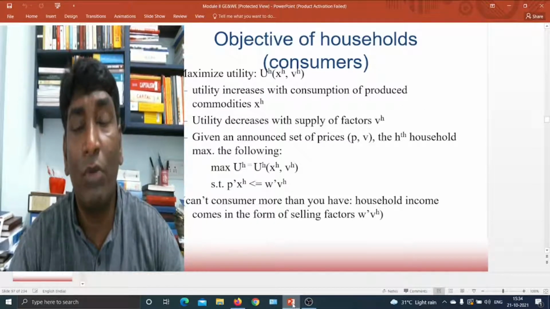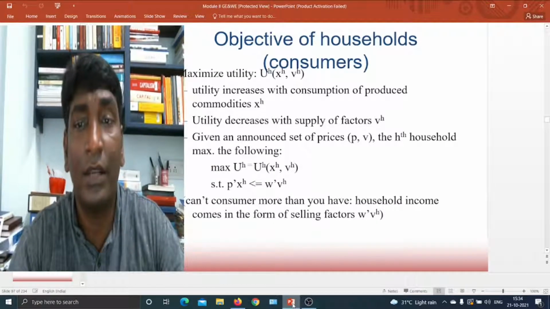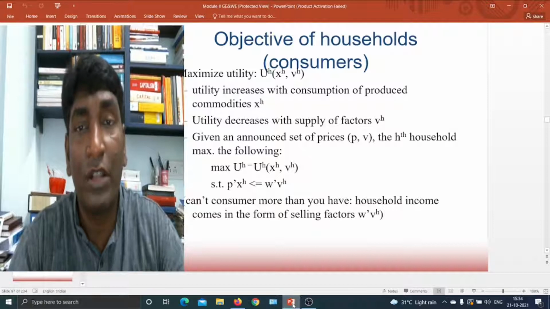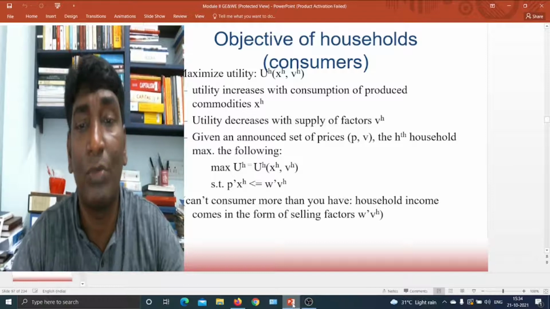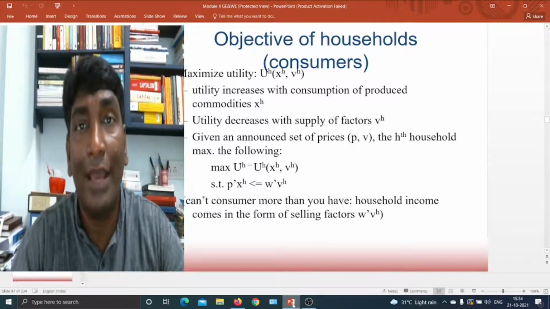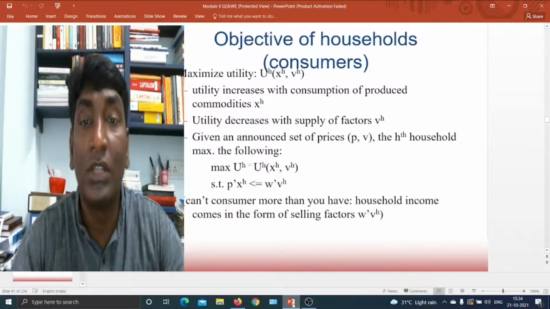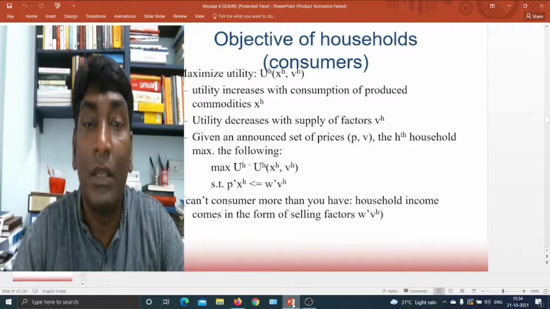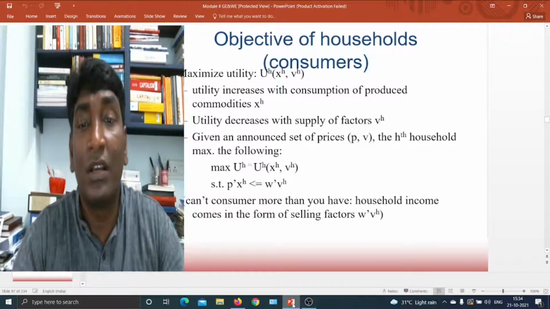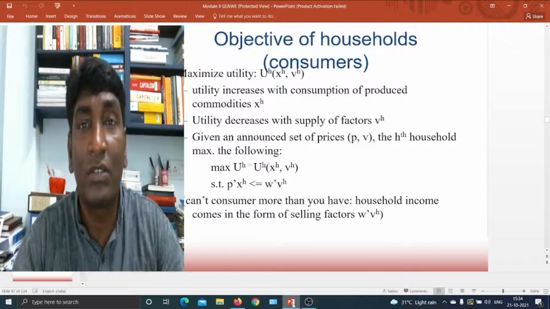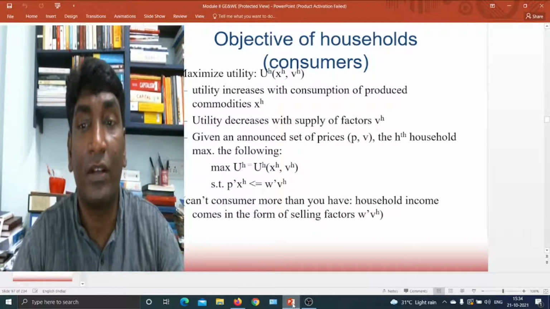Now, once you have all this in place, the household's objective, or the consumer's objective, is clearly to maximize utility. That is, UH from X and V, the household's utility, is maximized from the commodities consumed. Utility increases with consumption of produced commodities X, and utility decreases with the supply of factor VH.